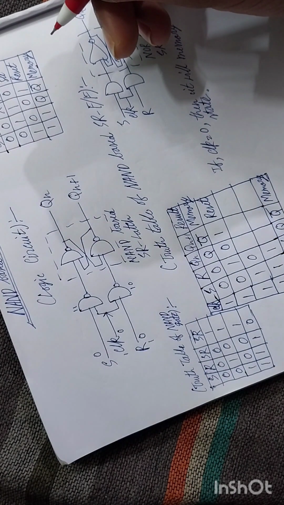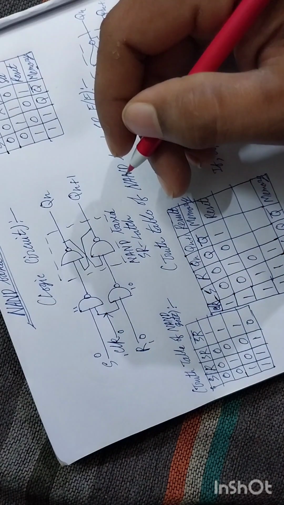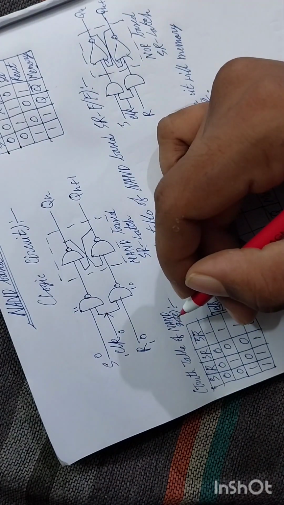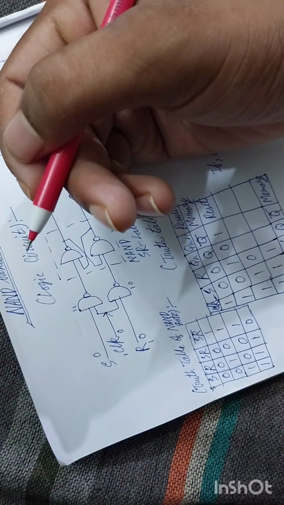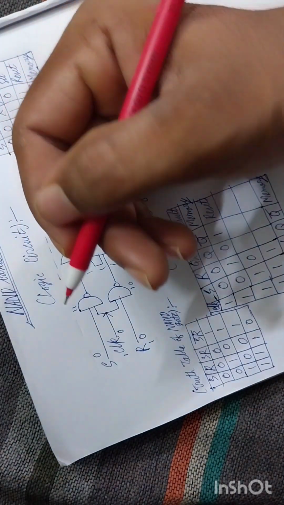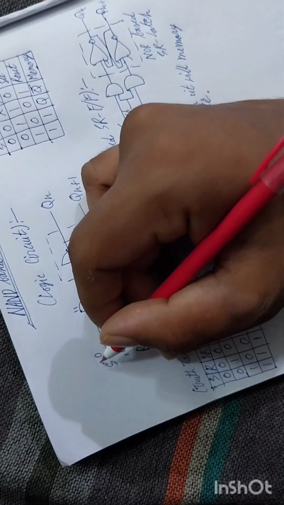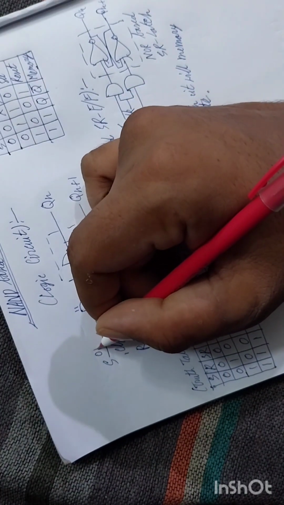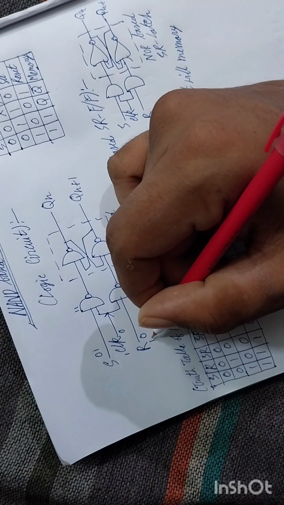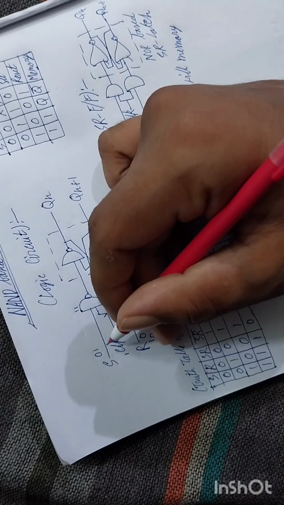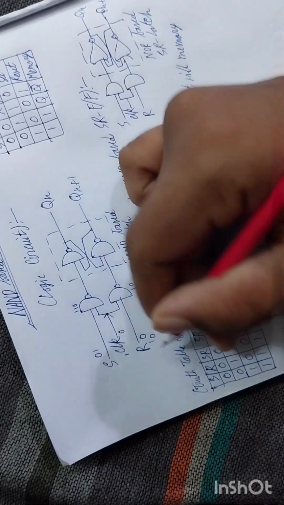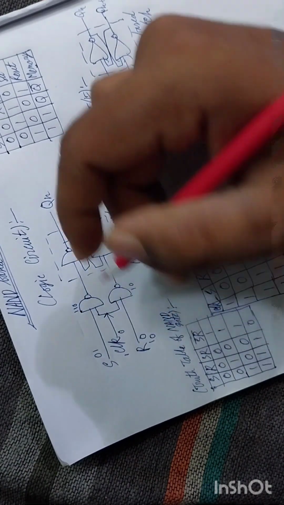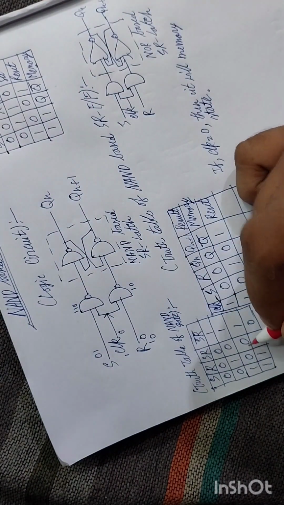For 0 1 it is reset, and now let's go to the next state, that is 1 0. The value of S is 1 now and the value of R is 0. So for 1 1 it is again 0, and for 1 0 it is 1.